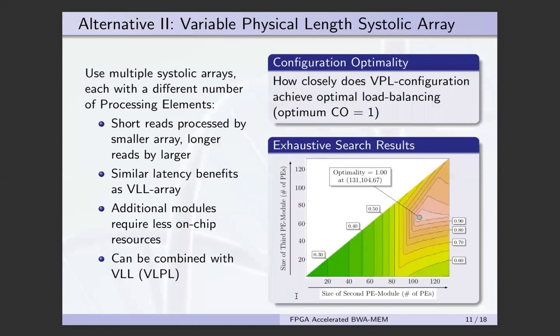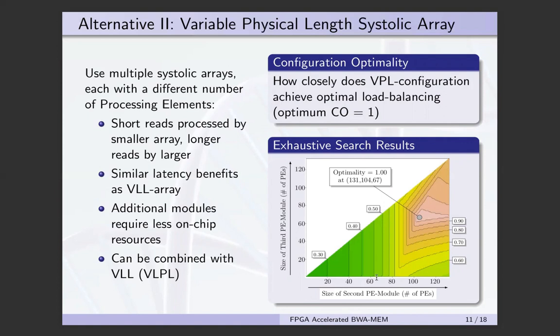The first systolic array has 131 processing elements, which allows us to align the biggest read possible on it. And the size of the second and the third systolic array is scanned in this space to allow us to identify the optimality of the implementation.